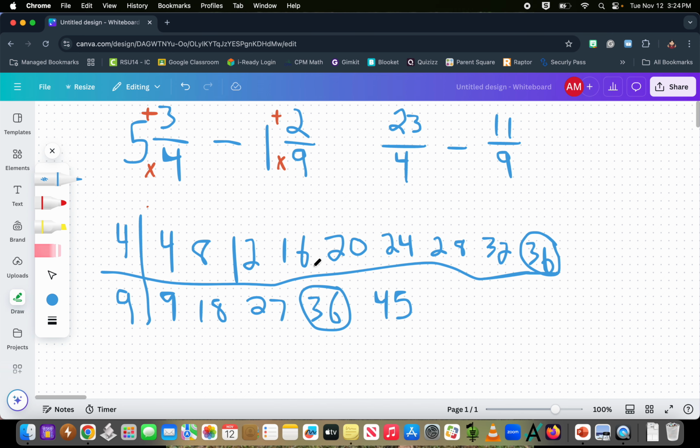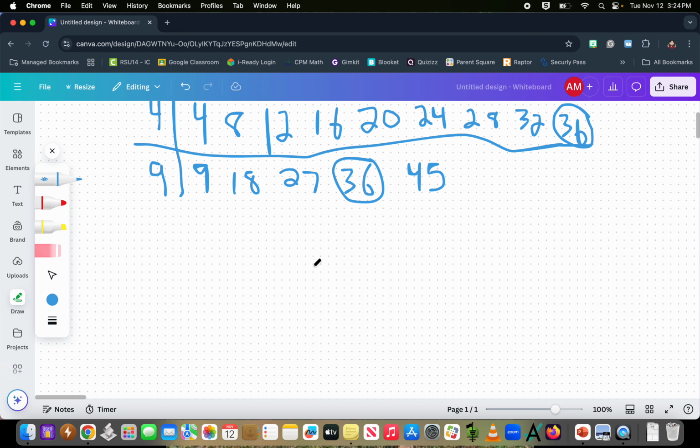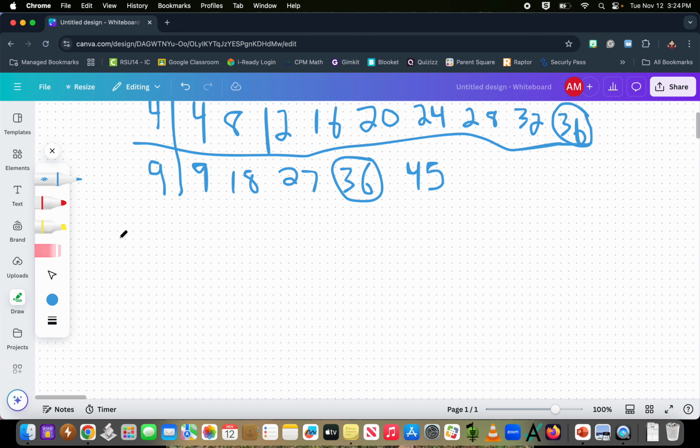Now that I have that, I'm going to go back down, and if you remember, the next step here is I'm going to rewrite my fraction, which was 23 over 4, and we had 11 over 9.